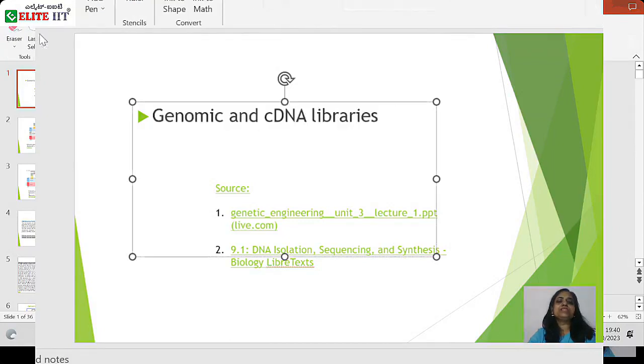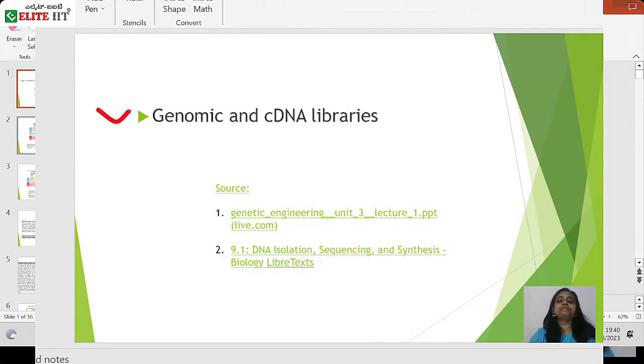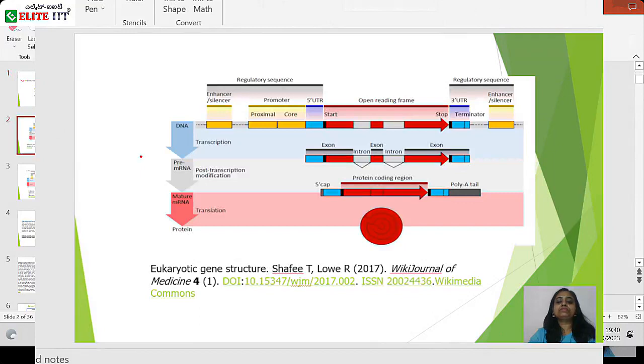So today I'm going to discuss the genomic and cDNA libraries. Now, as you know, this is the eukaryotic gene structure, the DNA structure. In DNA you can see not only coding regions are present. Other than that, a few other things are present like enhancer, silencer, promoter region, and UTR region.